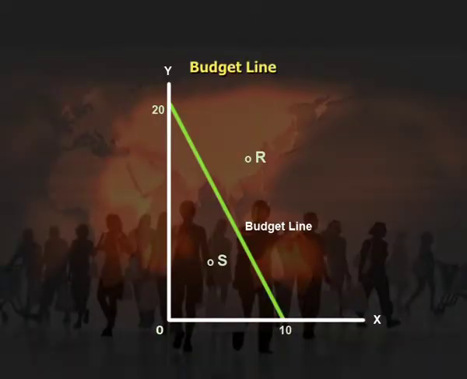A consumer, in his attempt to maximize his satisfaction, would like to reach the highest possible indifference curve, but in his pursuit of maximum satisfaction, he has to face two constraints. First, he has to pay a given price for the goods, and second, he has a limited amount of money income or budget to make the purchase.